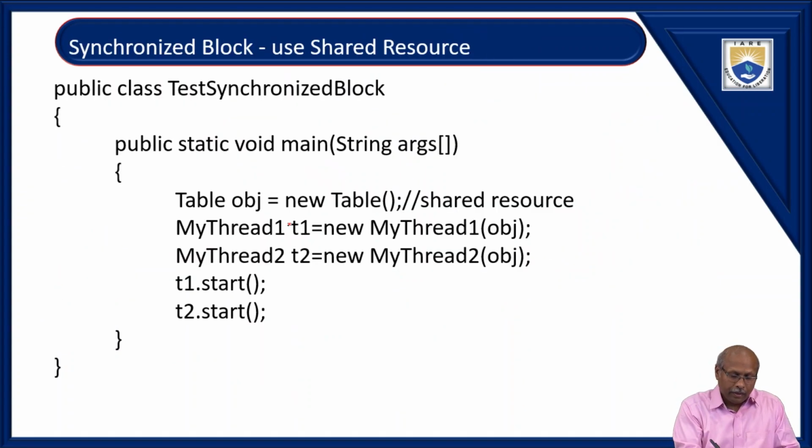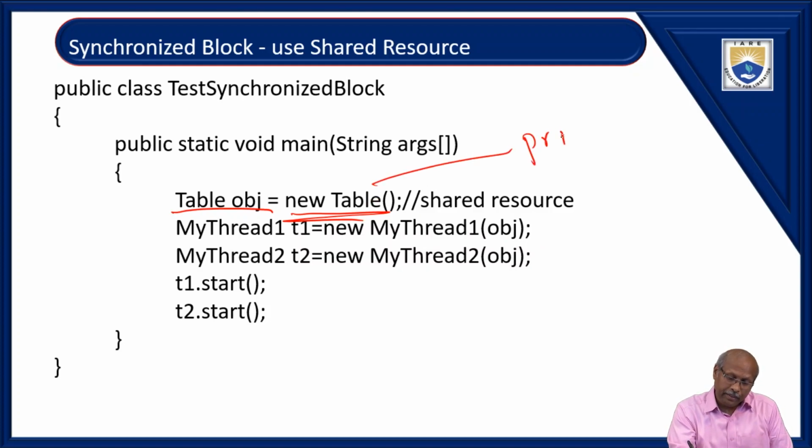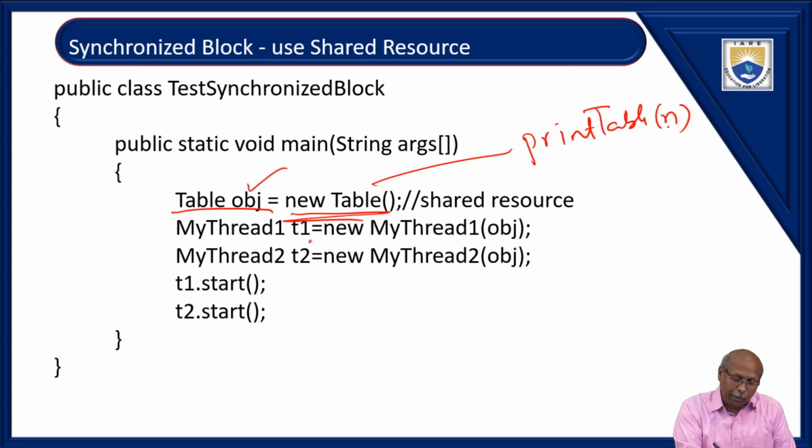Now, I have an object called the table object. In the table object, I have a method called print table with an n parameter. Once I pass n as a parameter, it will do the task. Who is using this object? This object is used by T1 as well as T2. So I am passing this object as a parameter.